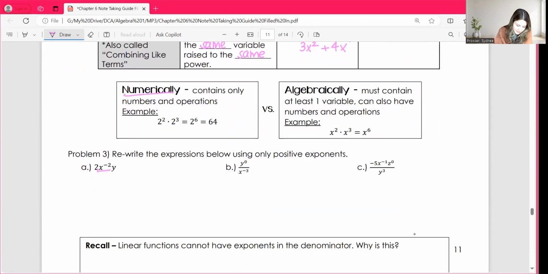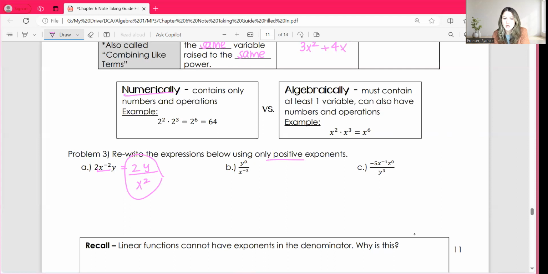I'm going to write the 2 first because there's nothing wrong with the 2, right? The x to the negative 2, there's a problem with it. It has a negative exponent, so we're going to move it to the denominator, and it automatically becomes positive. There's nothing wrong with the y, so it's going to stay where it is. Okay, and now I have an expression which I love way better because it has all positive exponents.